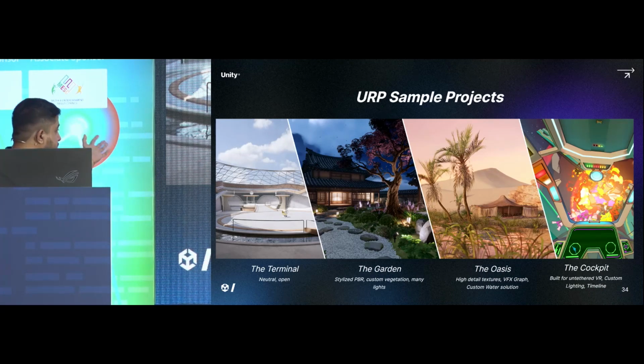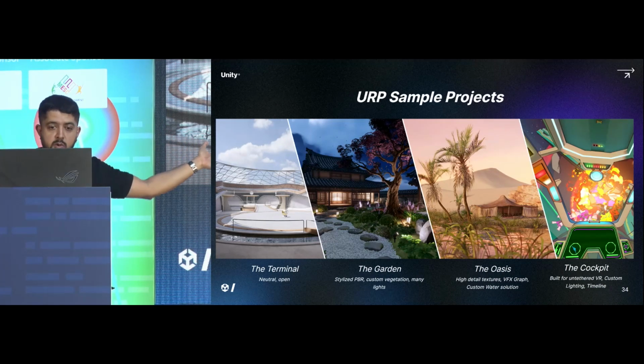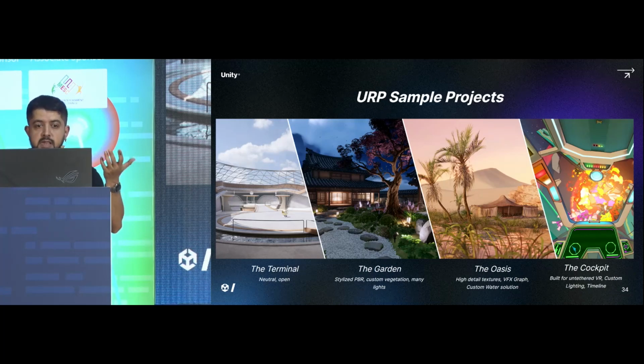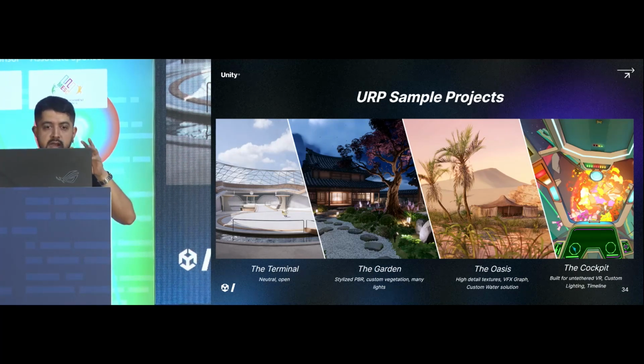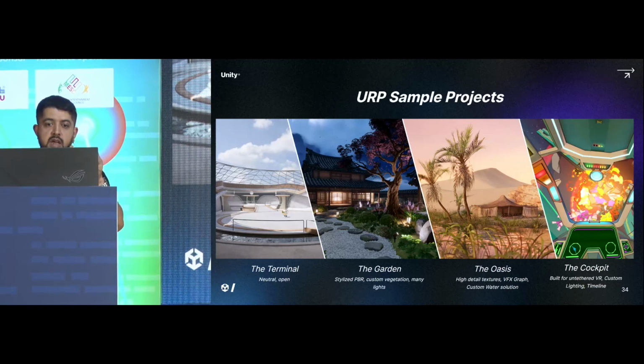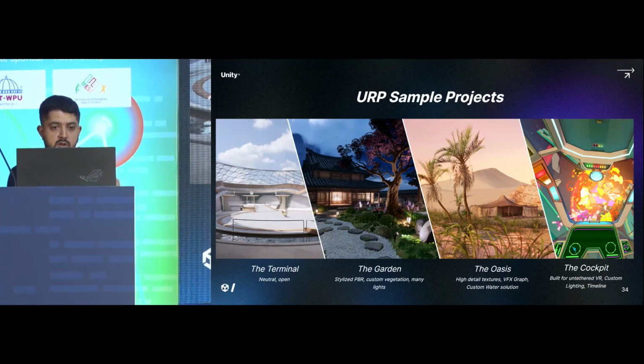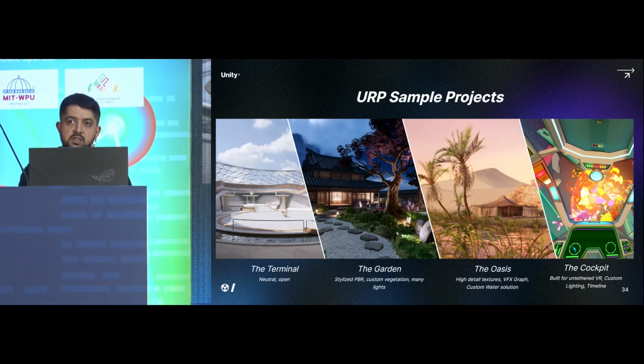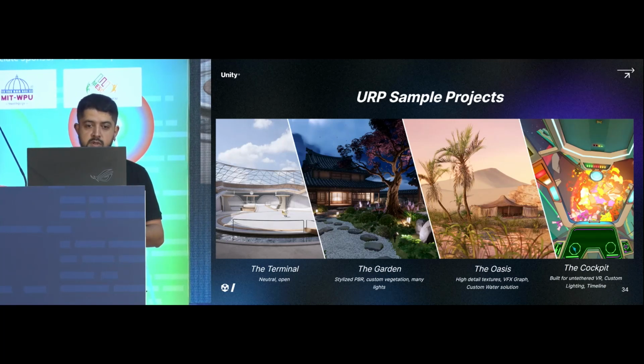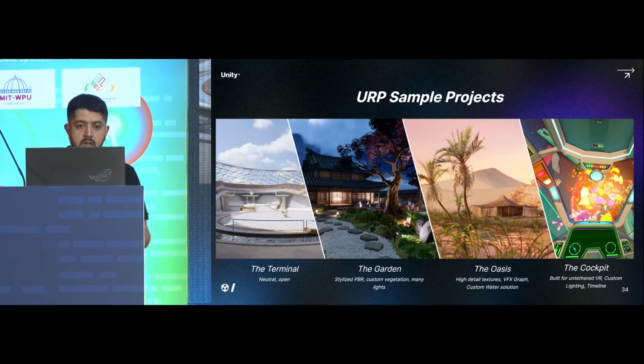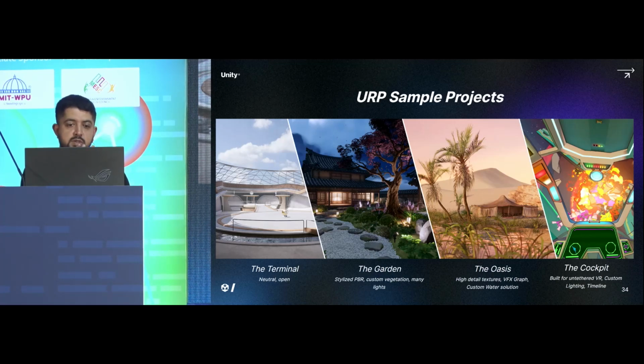The first one that I can talk about is the garden. It uses physically based rendering shaders to build an environment targeting something like an iPhone 6 or Nintendo Switch, all the way up to the latest consoles or the latest PC GPUs. The next one uses VFX graph in URP. It uses highly detailed assets and SpeedTree to convey photorealism on devices that support compute shaders.